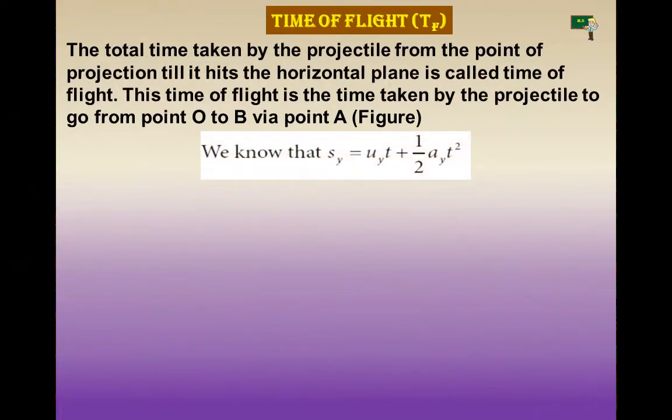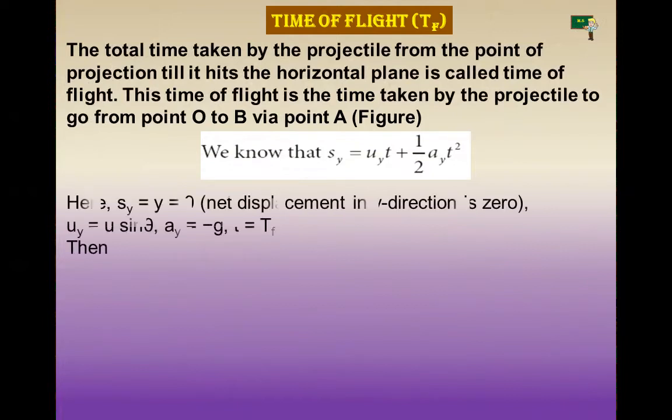As we know, Sy equals uy t plus 1 by 2 ay t square in the vertical direction. That means the time of flight in the vertical direction. And if you put Sy equals y equals 0, that means the net displacement in the y direction is 0.